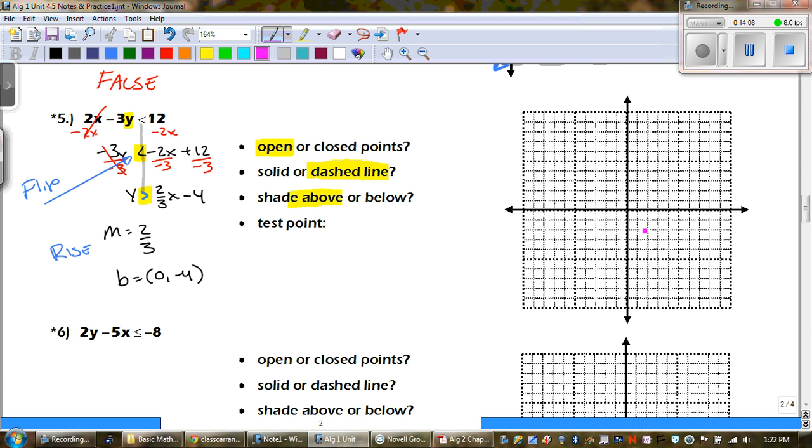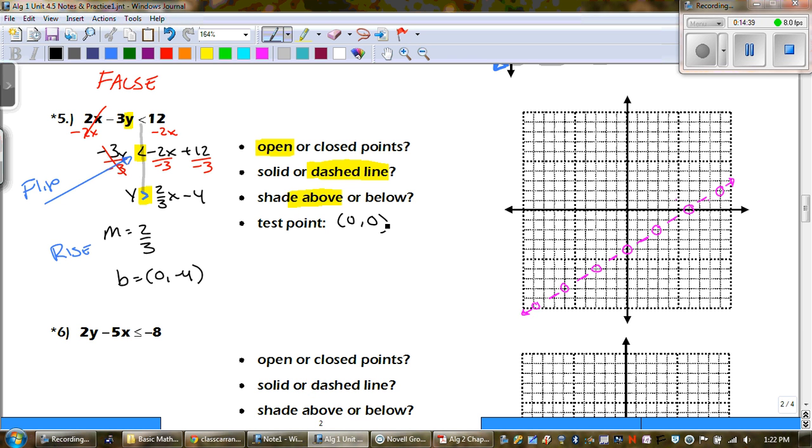So starting at (0, negative 4), we're open, and I'm going up 2 over 3, up 2 over 3, up 2 over 3, and I'm doing that in both directions. We have dashed lines, and then add your arrows, okay?